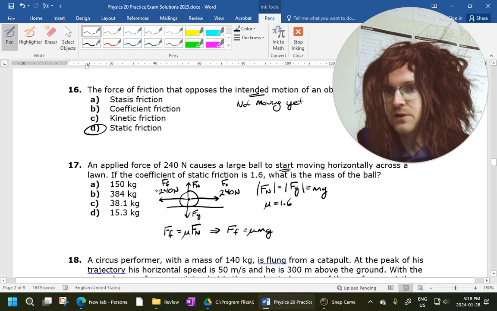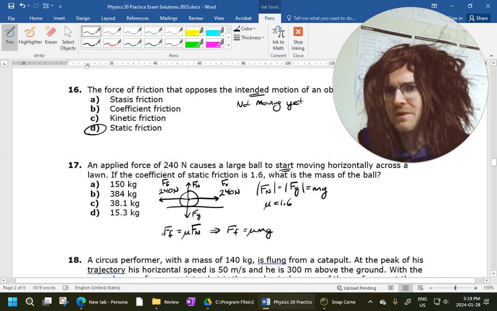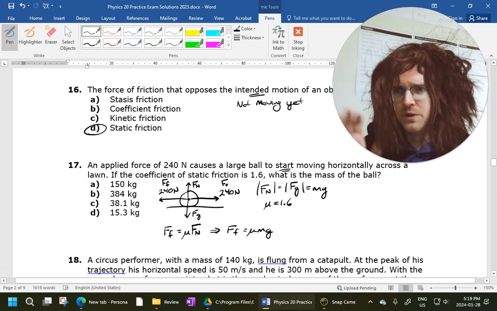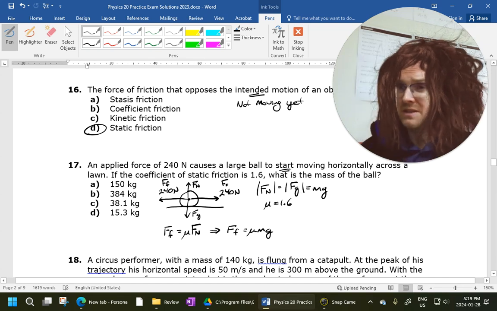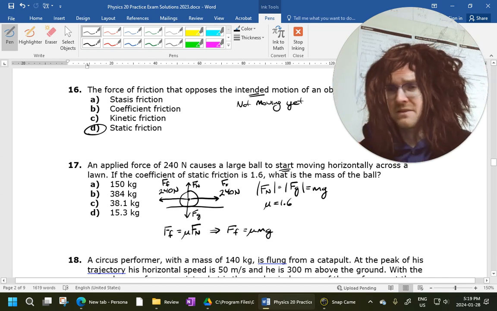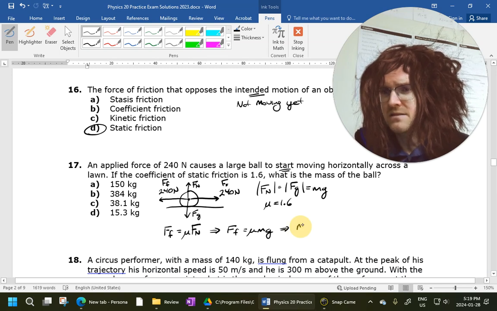So we decided our force of friction is going to be 240. We got gravity, 9.81. We got mu. Remember, this formula is all about absolute values, so I'm not too worried about the directions and the sign convention here. Remember the formula, it's above my head somewhere, but there's absolute values in the formula. So I'm going to rearrange this for mass. So divide both sides by mu and g.